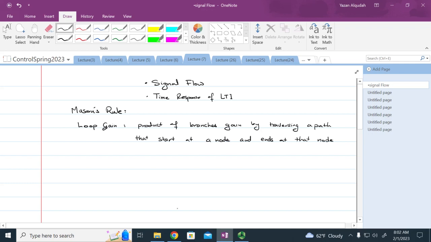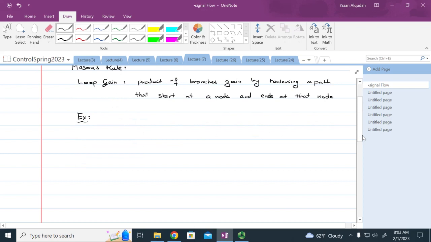So let's look at an example of a signal flow and see what the loop gain is.